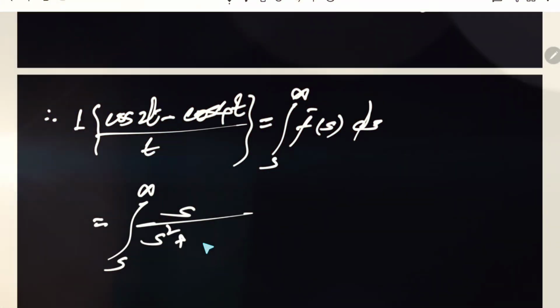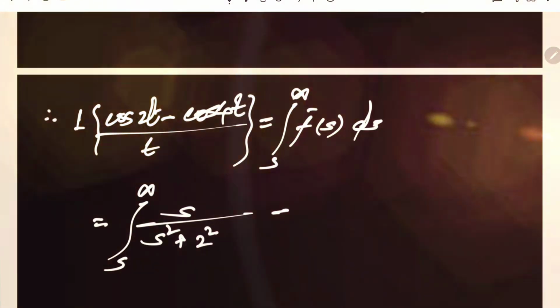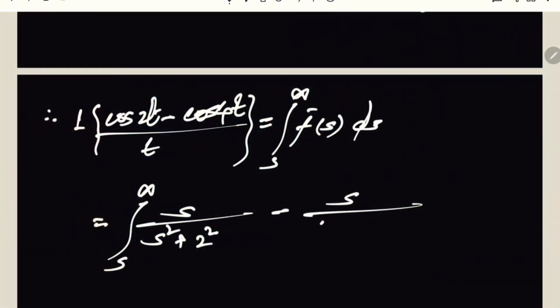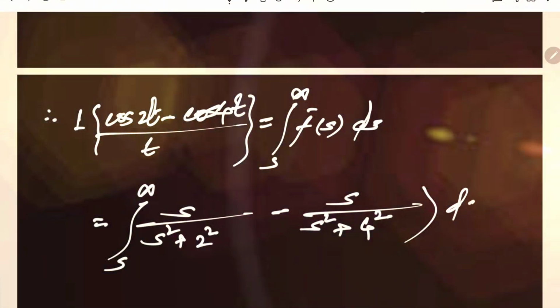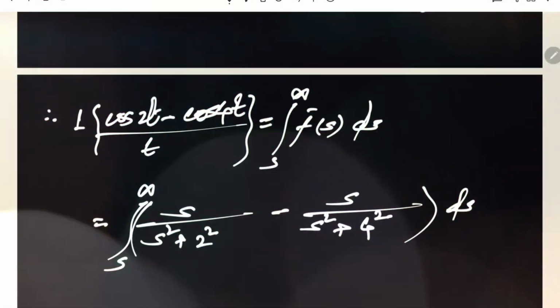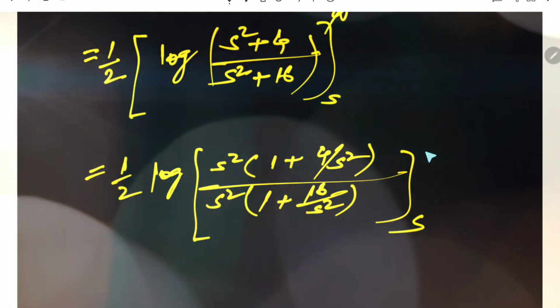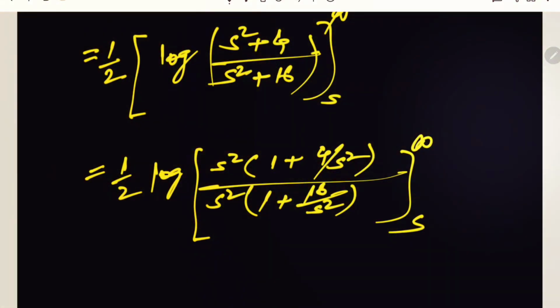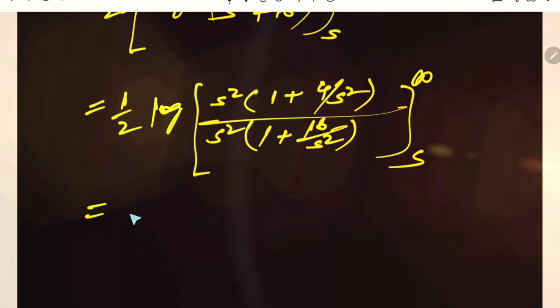Therefore, substituting that value of f bar of s here. And then derivative of s square is 2s. Therefore, multiplying and dividing by 2, rearranging the terms, it equals 1 by 2 log of s square plus 4 divided by s square plus 16, limit from s to infinity.